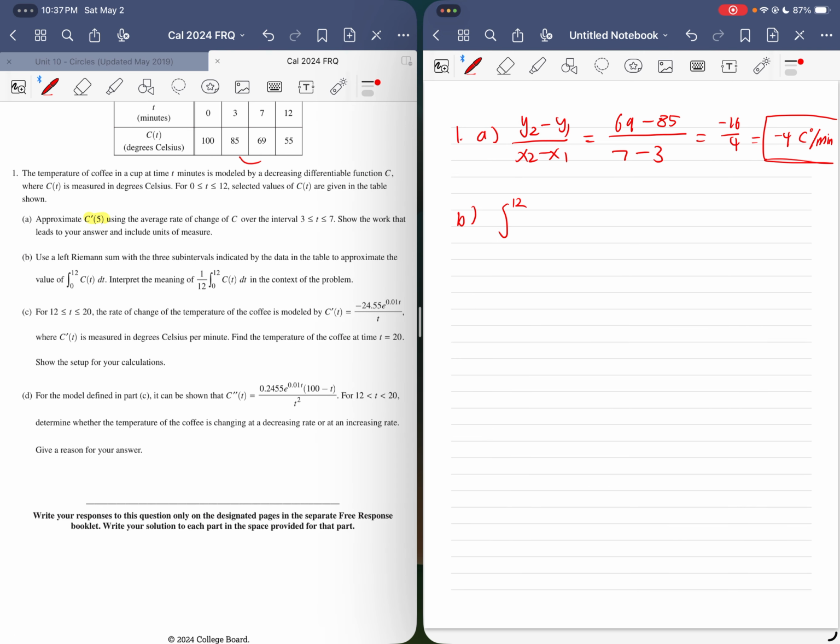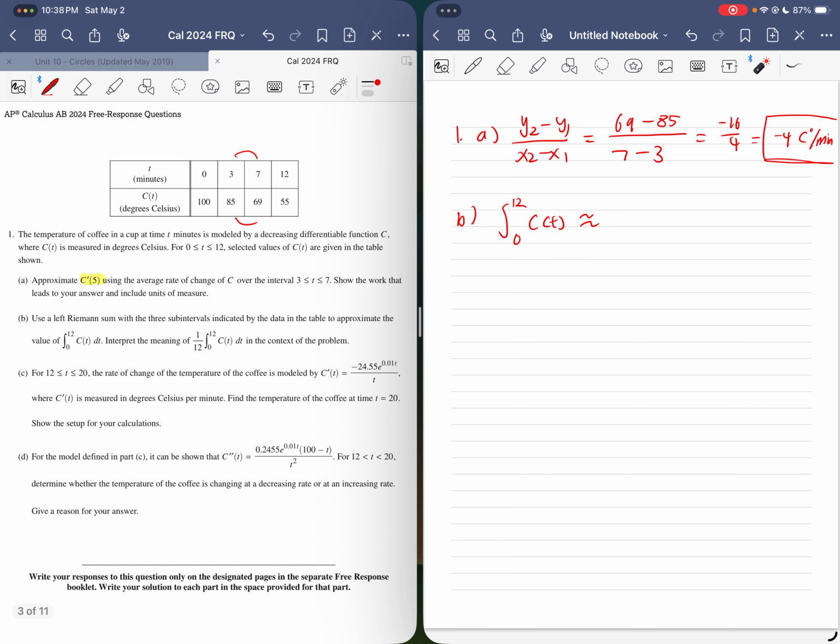The integral from 0 to 12 of C of t is approximately, and I'm using a squiggly line because that's approximate, now let's do the Riemann sum. Here to here is 3, 3 to 7 is 4, 7 to 12 is 5. And because we're using a left Riemann sum, we use left, left, left.